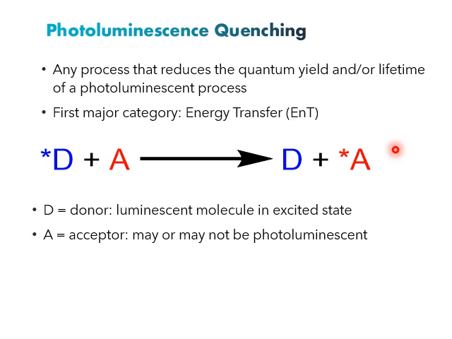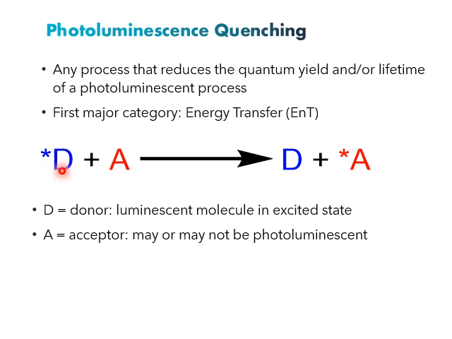Again, the notation we use here is donor and acceptor. Typically, the donor is the molecule that is initially excited and then transfers energy to the acceptor. So there's no net transfer of charge. If D and A are neutral molecules at the start, they are also neutral molecules on the product side. But this process involves the transfer of excited state energy.